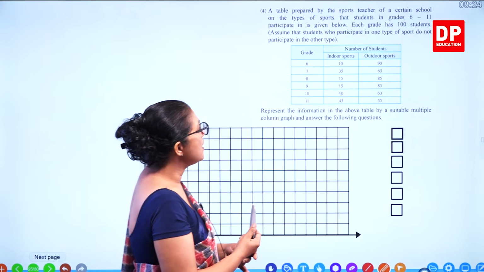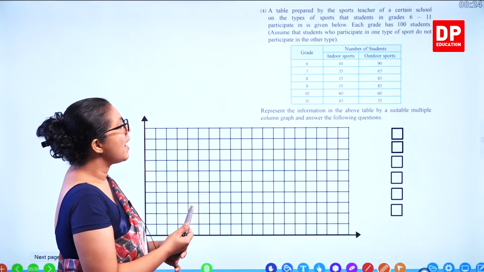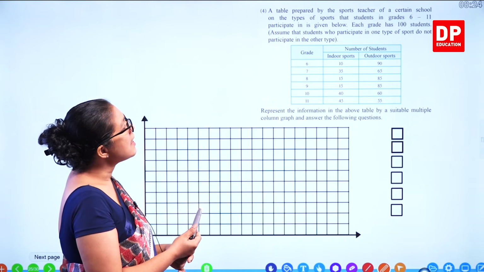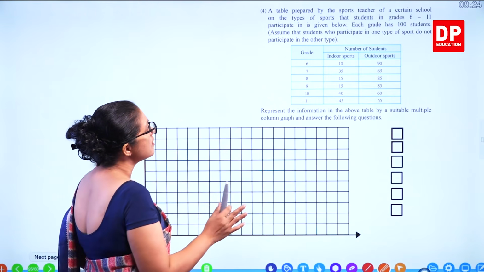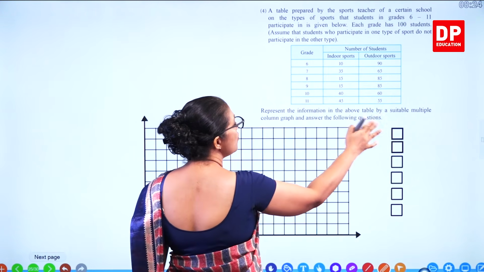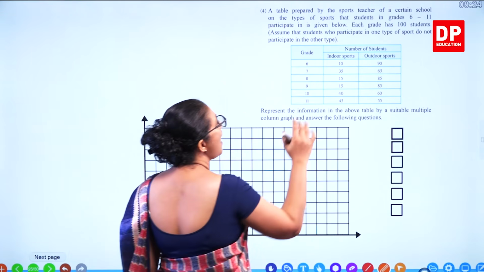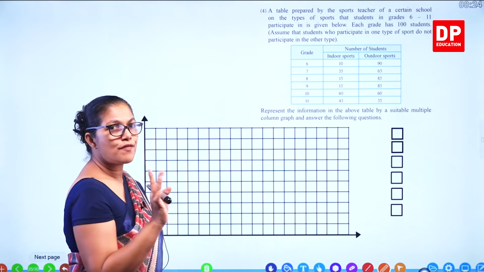Represent the information in the above table by a suitable multiple column graph and answer the following questions. You can take two different graphs, with grades as categories and the sport. So we'll draw two types of graphs here.